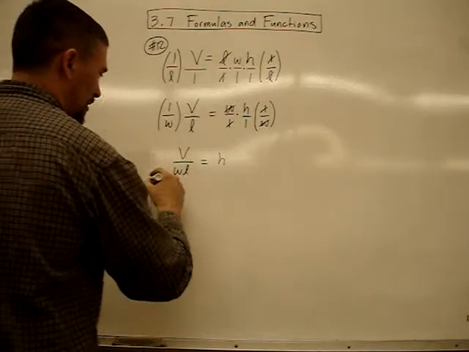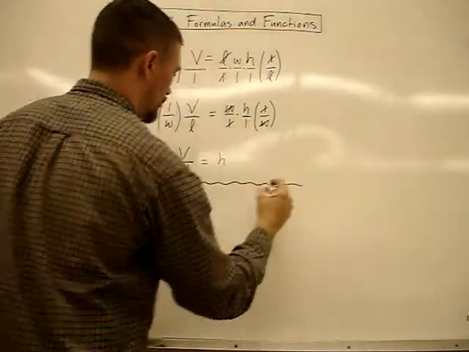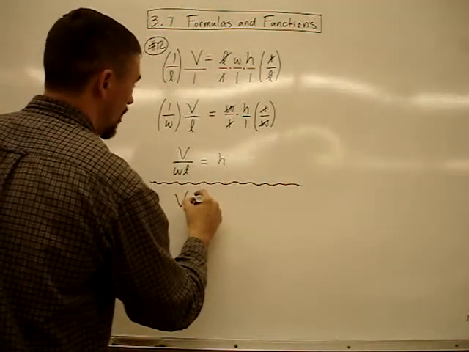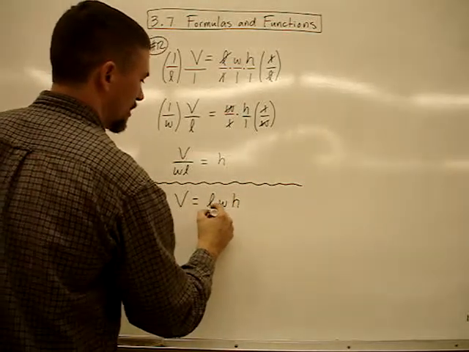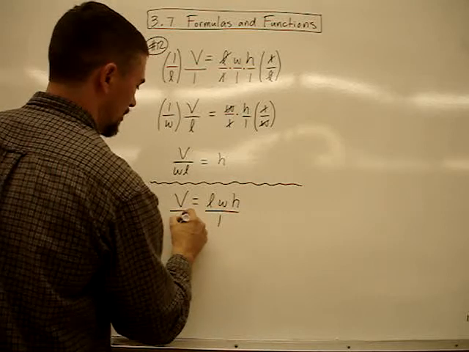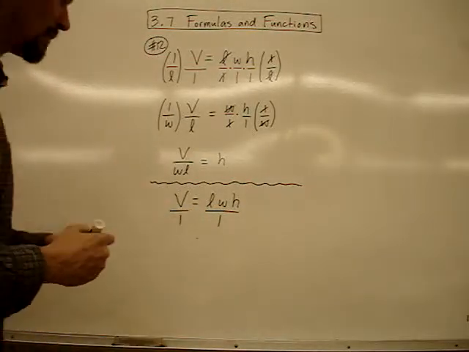I would now like to show you, if you hopefully understood that, how you could start the problem over and actually take care of all of this in one step.